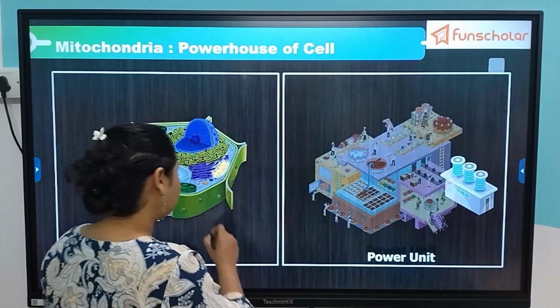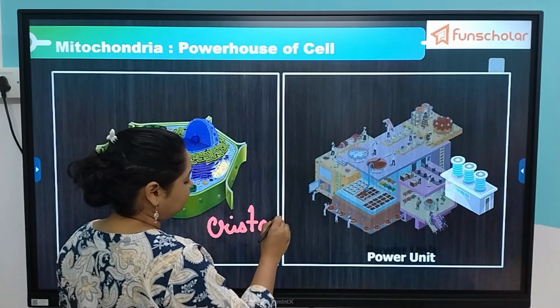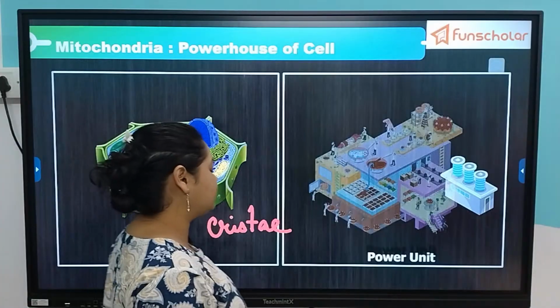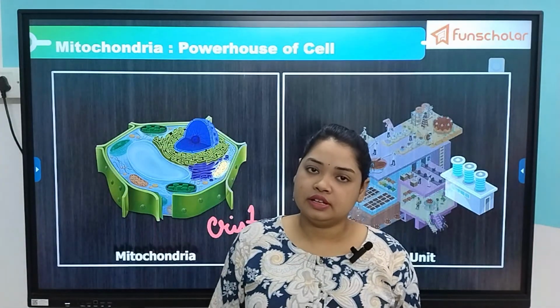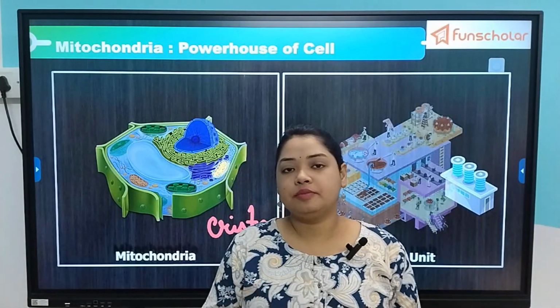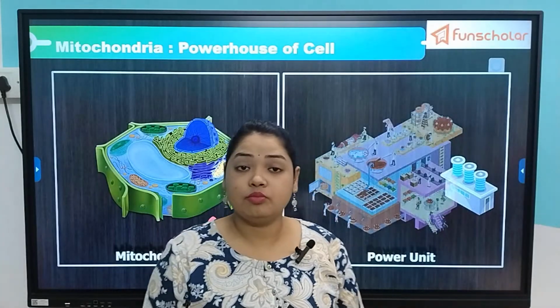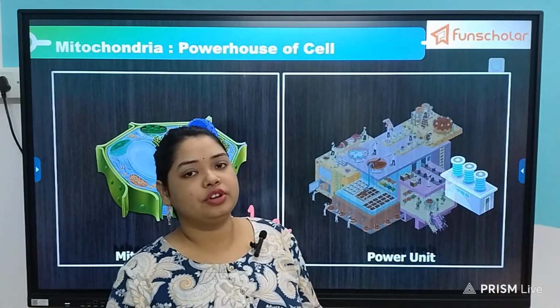Those folds are known as cristae. One is crista and the plural is cristae. These cristae bear the structures which give rise to the ATP molecules. The storehouse of ATP molecules is this mitochondria only.